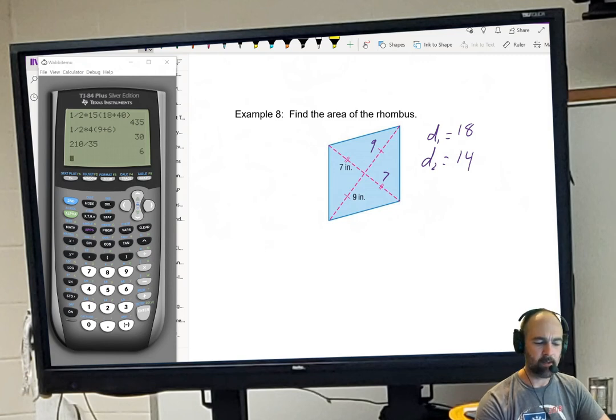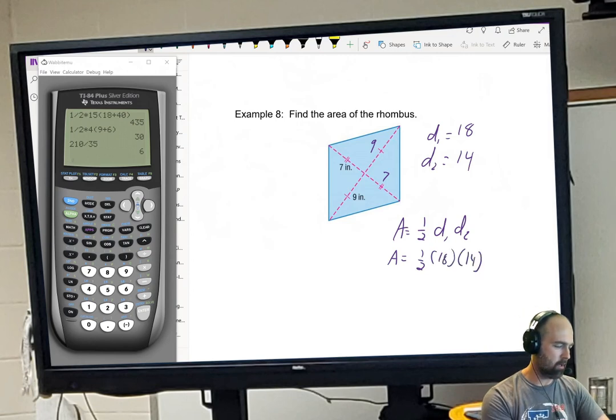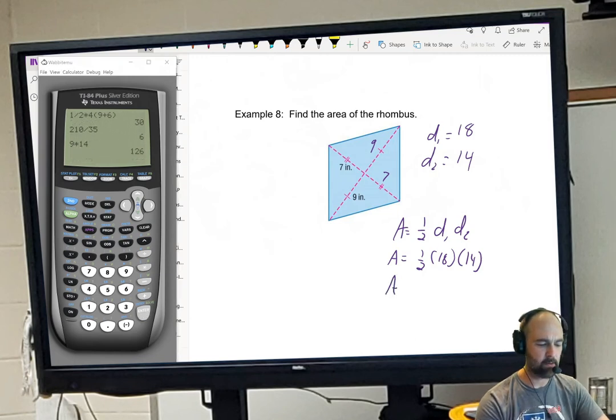Doesn't matter. So area equals 1/2 D1 times D2. 1/2 times 18 times 14. So I'm just going to go ahead and do 9 times 14, since 9 comes from 1/2 times 18. 126 inches squared.